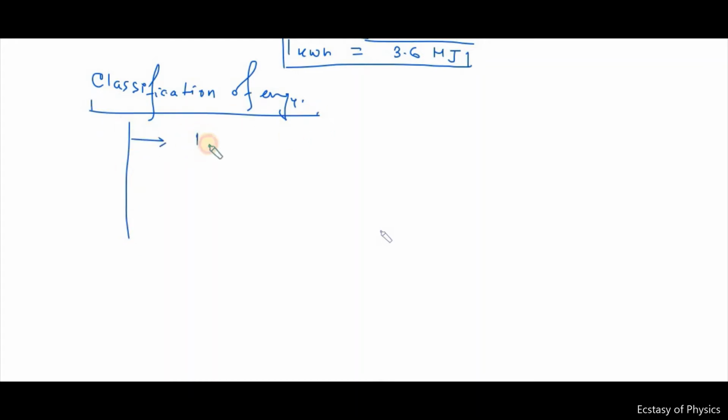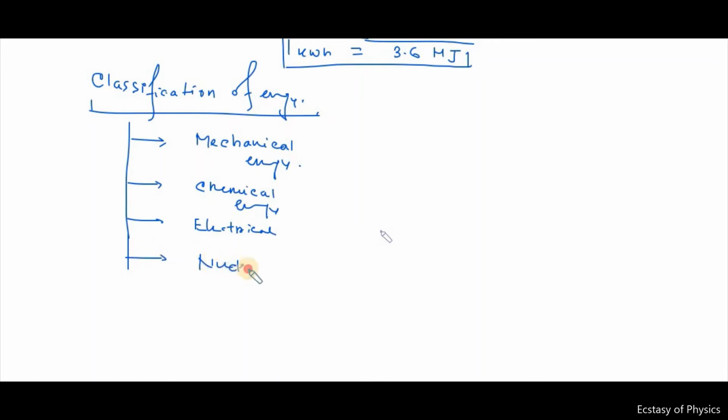For example, mechanical energy, then chemical energy, then electrical energy, nuclear energy, thermal energy, then renewable energy. So there are many different ways energy can be classified.